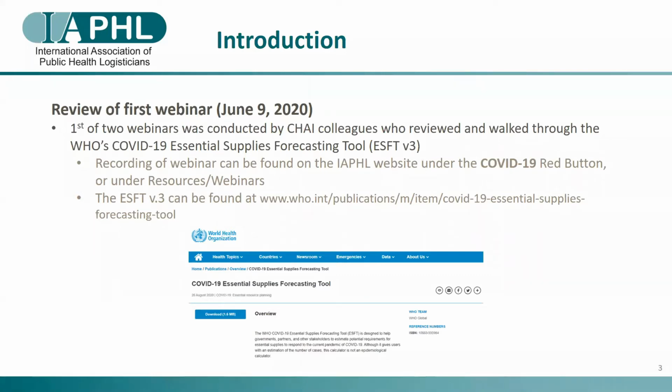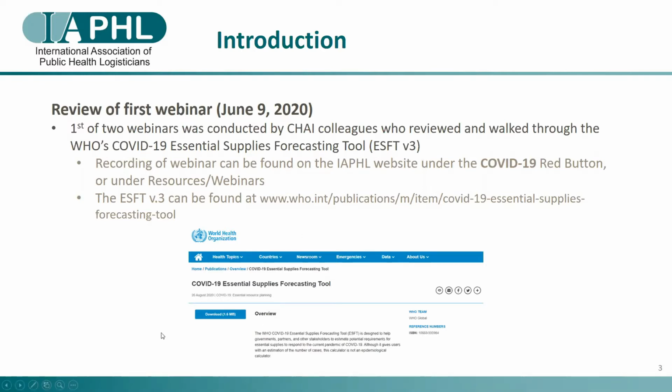That recording can be found on the IAPHL website under the COVID-19 button, or under resources, then webinars. The tool itself can be found through links provided on IAPHL, but also at the WHO international site under publications, where it can be downloaded.